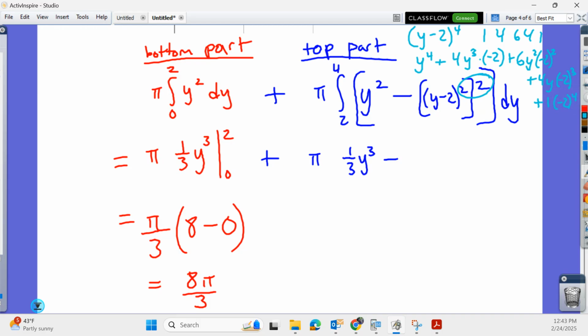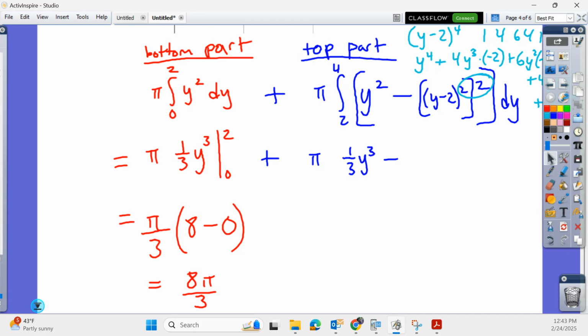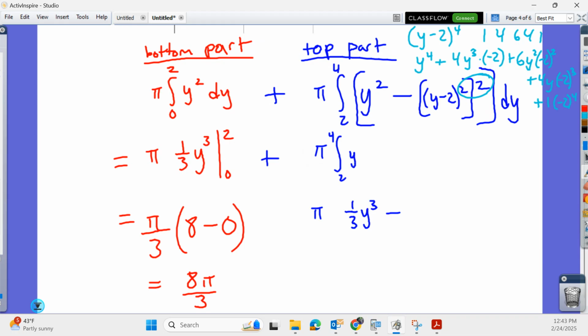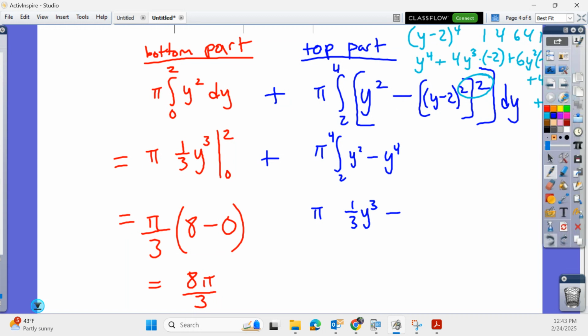And so I probably should show an intermediate step here. Let me move this down a little. So this is pi times the integral from 2 to 4 of y squared minus, we had y to the 4th. I'm going to distribute the negative here as I go. The next term is a negative 8y cubed.